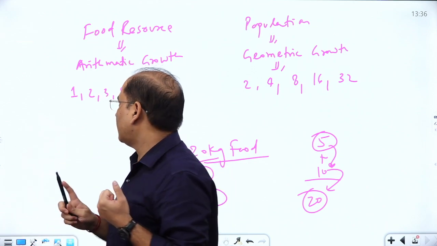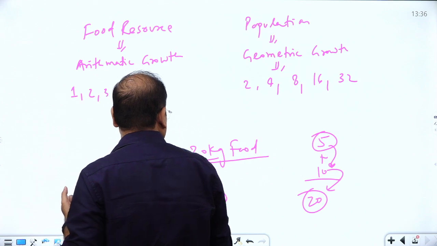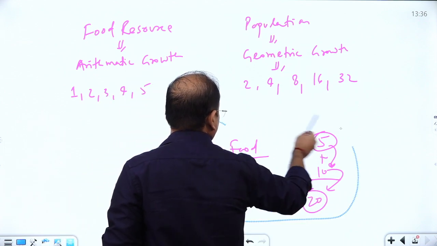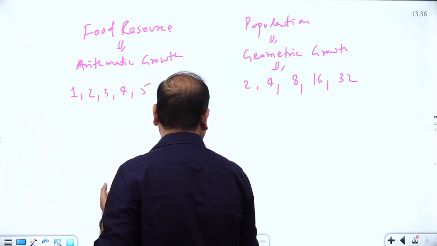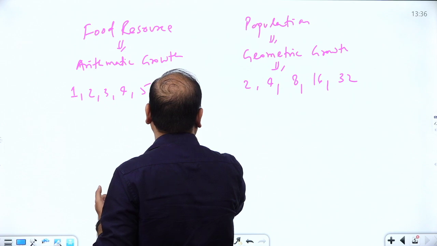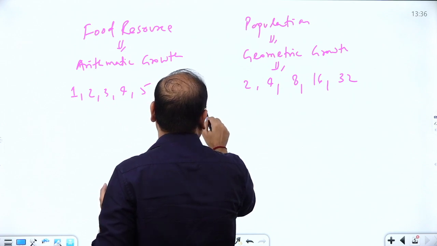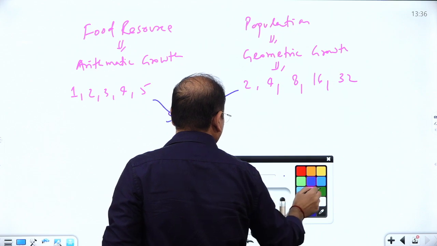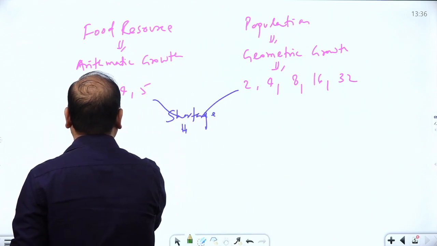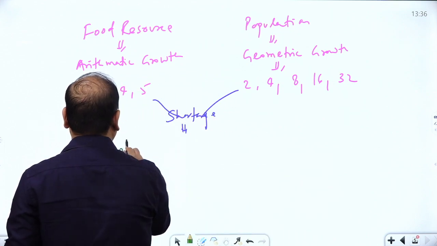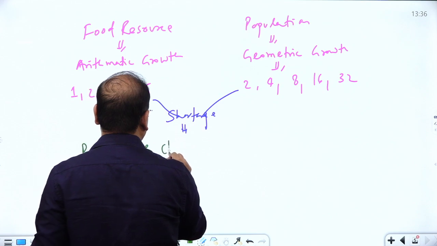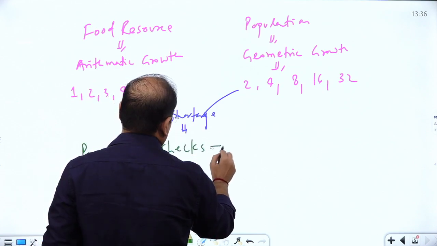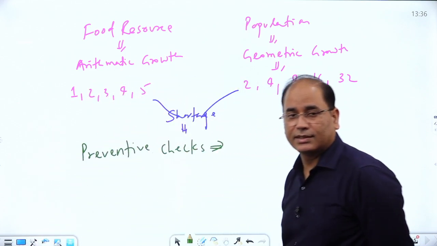So he talks about that when there will be a gap, when there will be a shortage, to respond to this shortage, what will happen? People will go for the preventive checks. Now, what are the preventive checks?